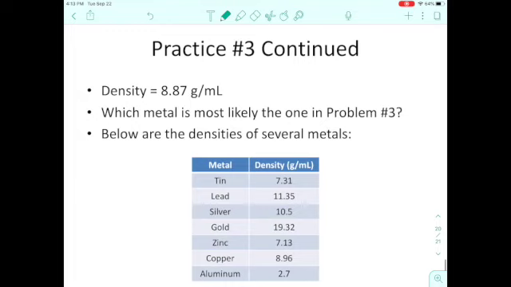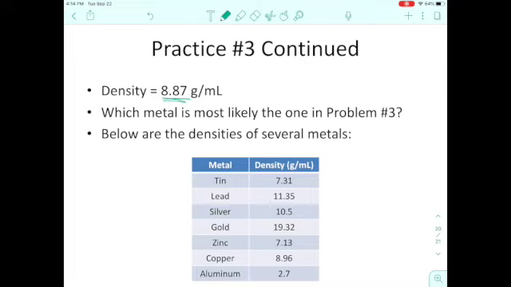And the last part of this is, so this was the density of our piece of metal, and they want to know which metal is most likely the one in problem number 3. Below are the densities of several metals. So density is a characteristic property, and that means that it can help us identify a substance.